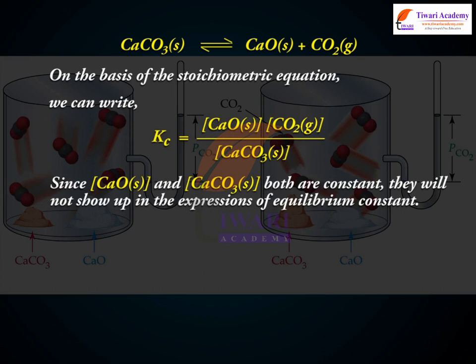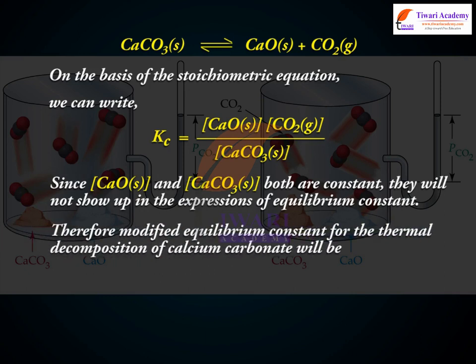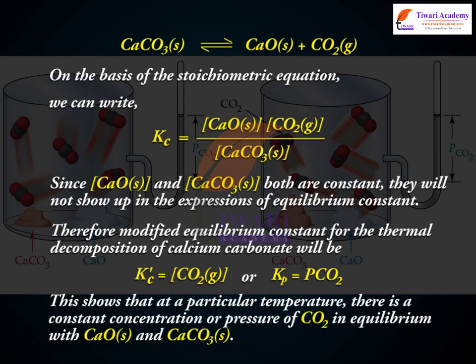Since the concentration of CaO solid and the concentration of CaCO3 solid are both constant, they will not show up in the expression of the equilibrium constant. Therefore, the modified equilibrium constant for the thermal decomposition of calcium carbonate will be Kc prime is equal to the concentration of CO2 gas, or Kp is equal to pCO2.